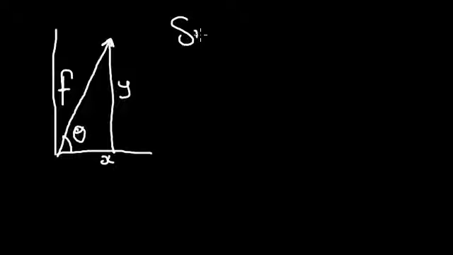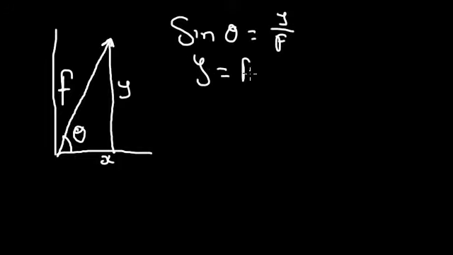According to the sine function, sine theta is the opposite, which is y, over the hypotenuse, F. So that's y over F. And if I solve for y, it is simply equal to F sine theta. So that will be equation 1. Now for the x part, let's use the cosine function.